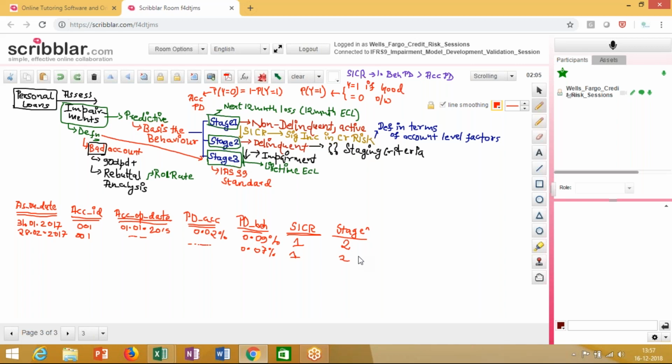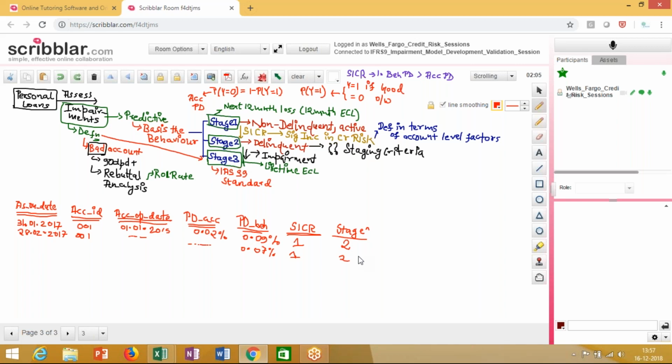That's the question. We start off the next session with the answer to this question. If I'm using the output from two separate models which are developed on two separate population bases, the acquisition model on one base and the behavior models on a totally separate base, how do we go about doing this?